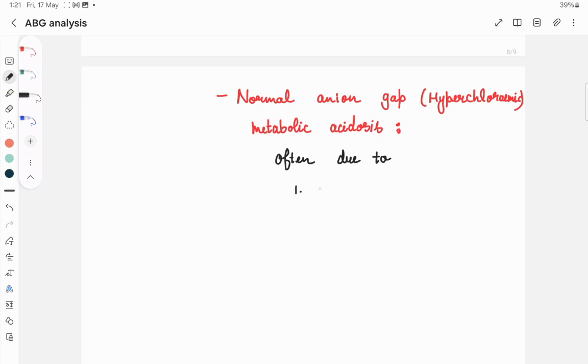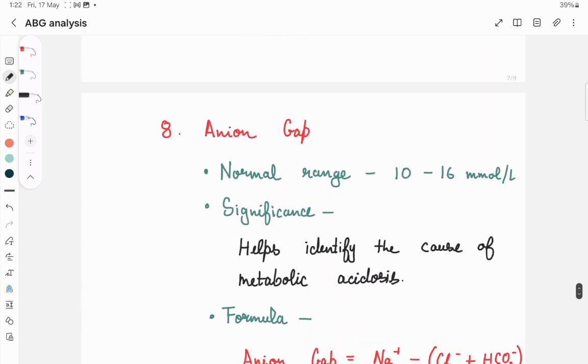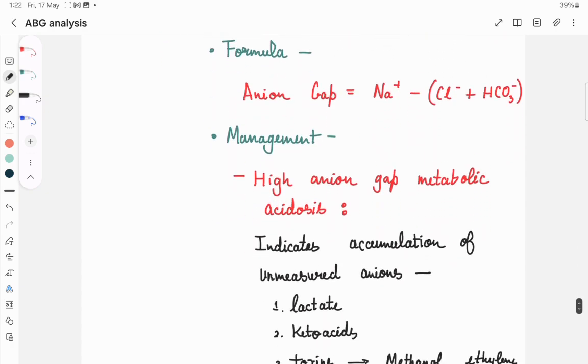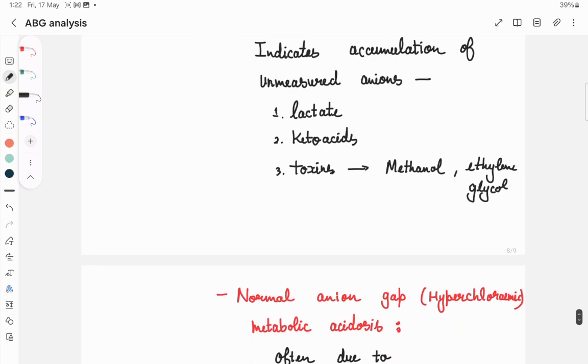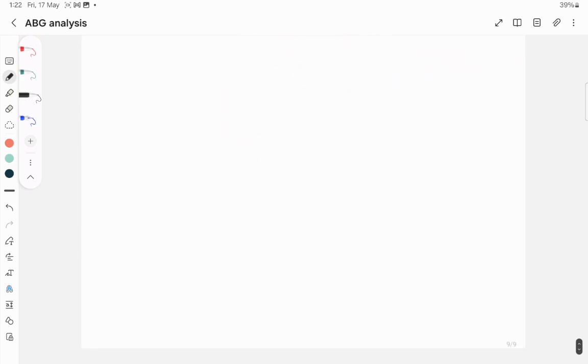So it is often due to number 1, GI bicarbonate losses, example diarrhea and vomiting. And renal tubular acidosis.